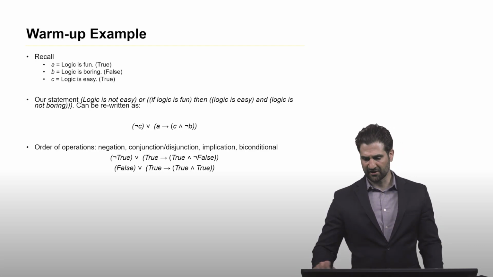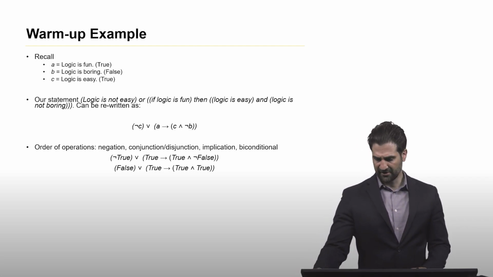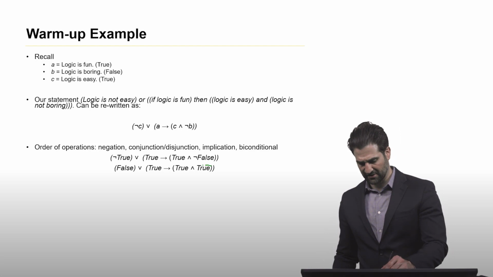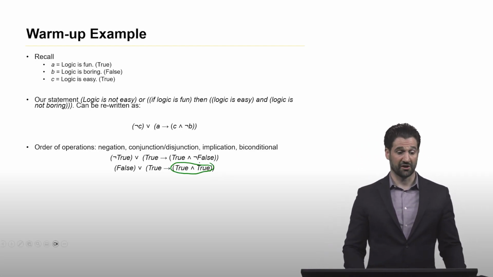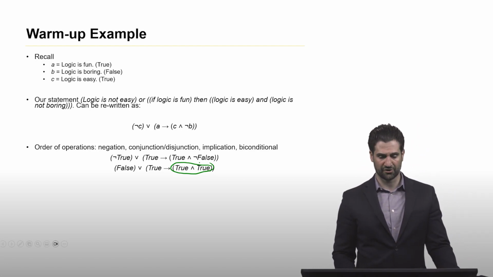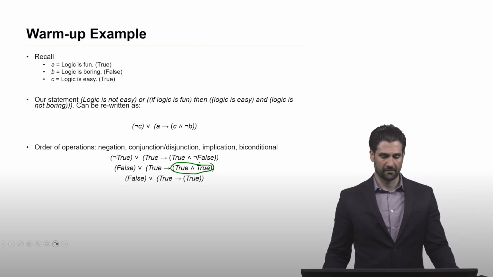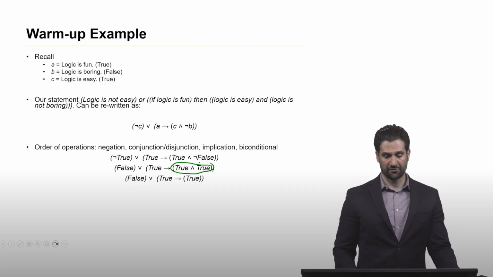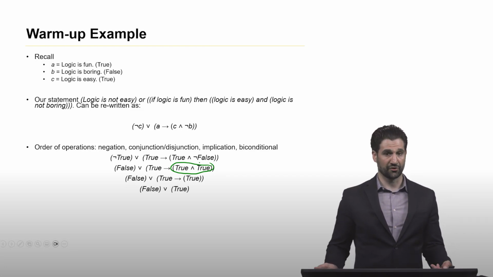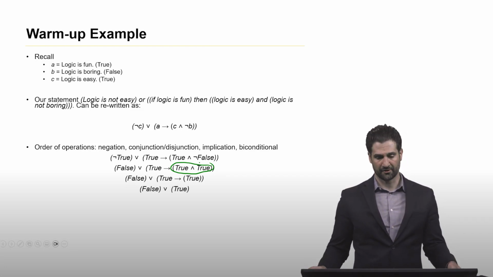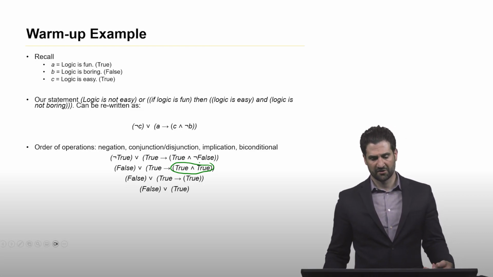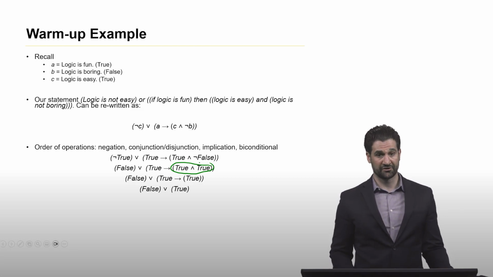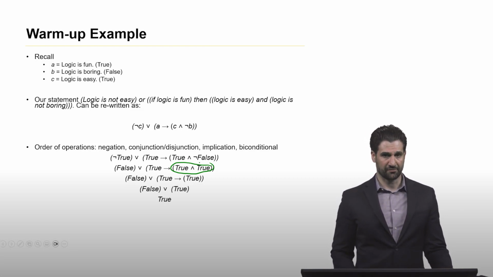Now we have a conjunction of true and true, and if true and true are conjuncted together, the result is also true. Now we have false, or if true, then true. If true, then true resolves to true as well, because both the antecedent and consequent are true. And if you connect true and false with the disjunction, the result is true.